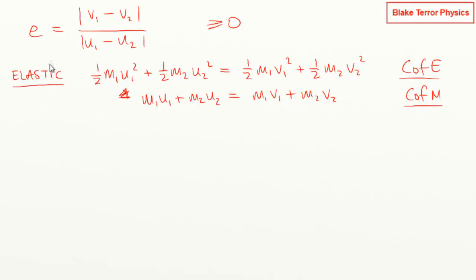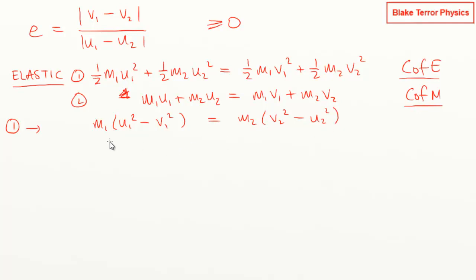Let's now rearrange these. If these are our equations 1 and 2, let's rearrange 1. So we've got the m1s together and the m2s together. Let's clump those together. We can get rid of all those halves. We've got m1 (u1 squared minus v1 squared) is equal to m2 (v2 squared minus u2 squared).